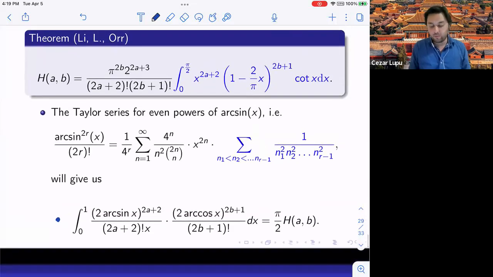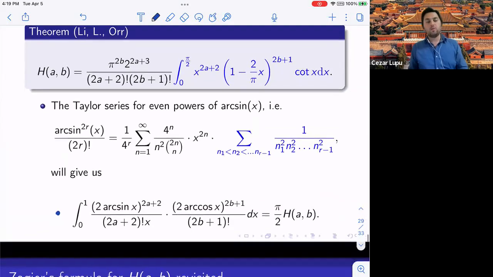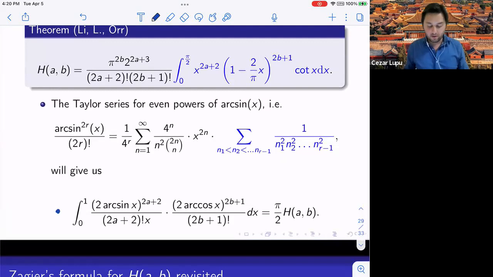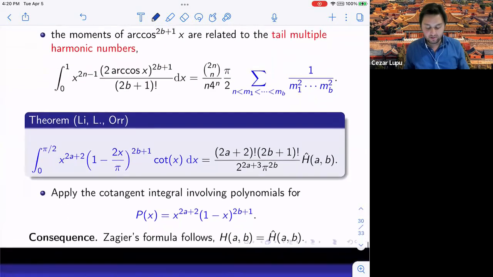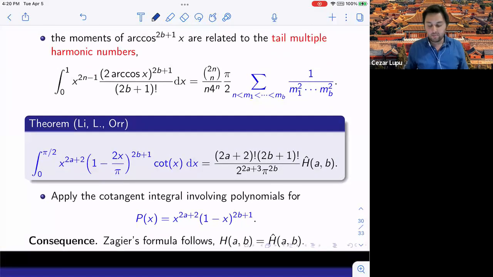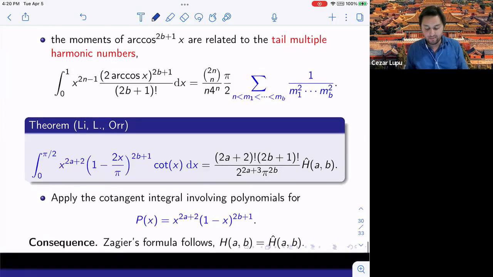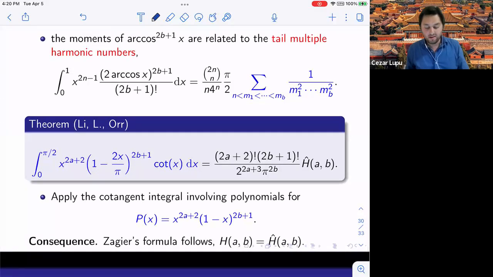But now we have to relate this integral to the Q-linear combination of odd zeta values. And in fact, we can do that. Surprisingly, this integral can be expressed as this coefficient, factorial, some powers of pi, and h hat of AB. And this is just applying the cotangent lemma for this polynomial.